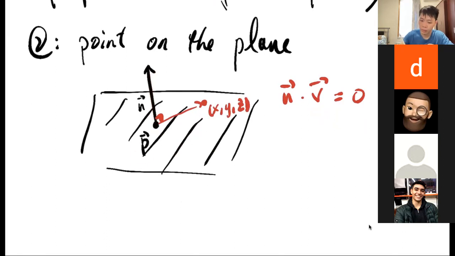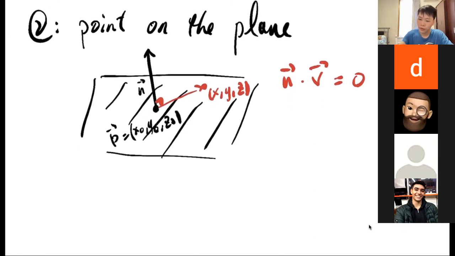So let's say the point P has the coordinates x0, y0, and z0. All right. So first of all, how can we express vector v?